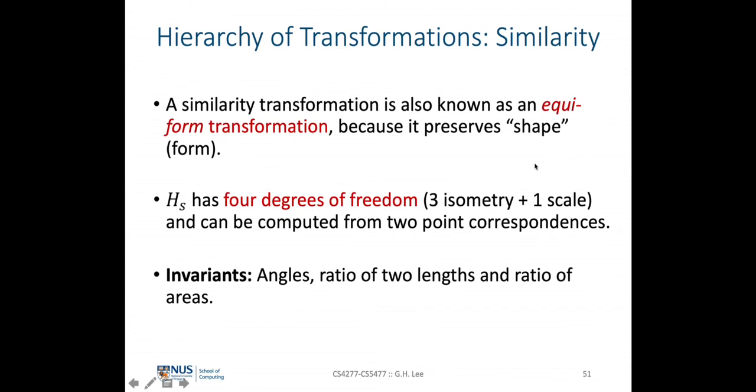And a similarity transform is also known as the equiform transformation because it preserves the shape. So in other words, after the transformation, for example, if I have a square formed by these 4 points over here, let's say the rotation equals identity and the translation is 2 in the x direction, tx equals 2.